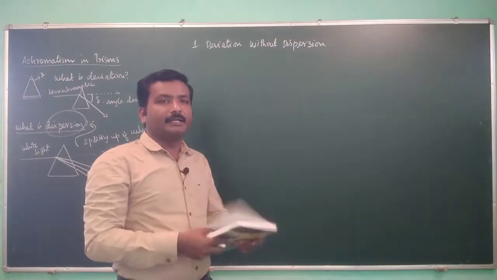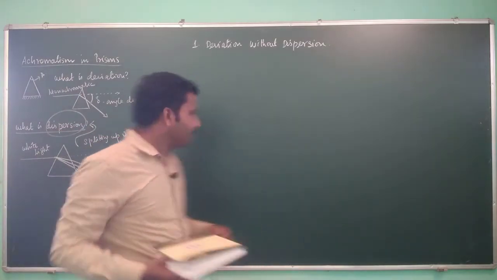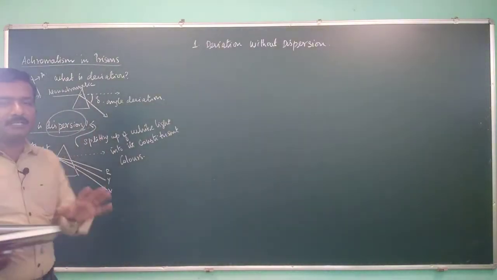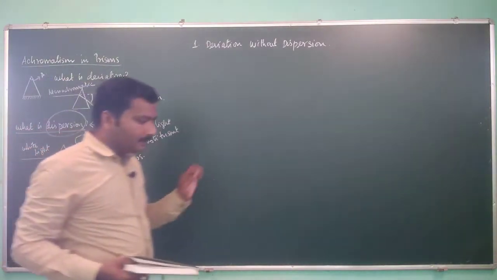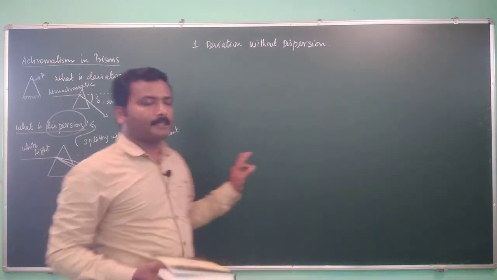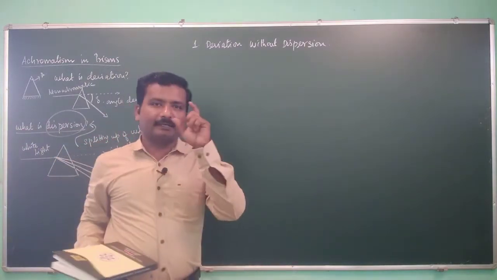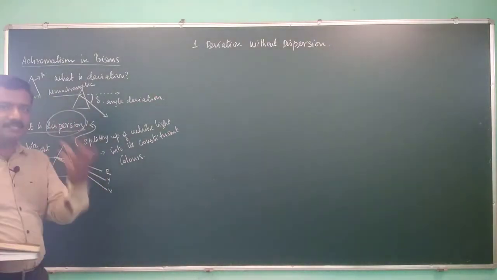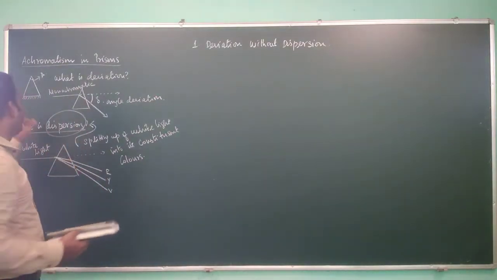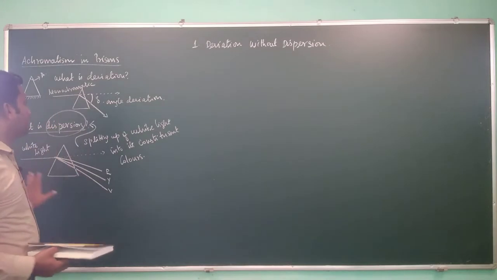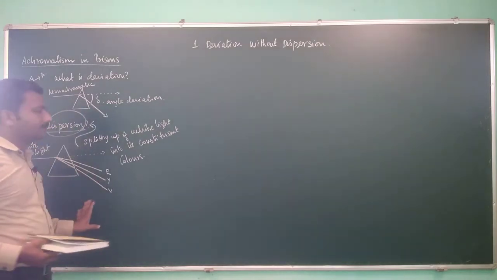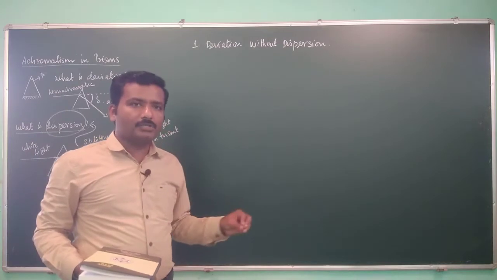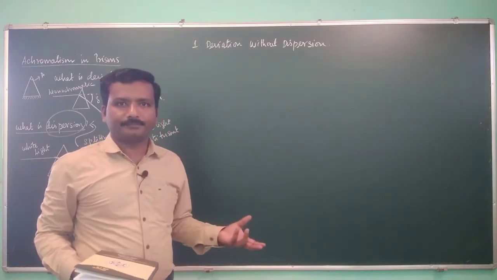Generally, dispersion and deviation occur simultaneously if you pass white light into a single prism. If you take a crown prism or a flint prism, that is a prism of a single unit, and pass white light into that, both will occur. It will have deviation, and it will also have dispersion.